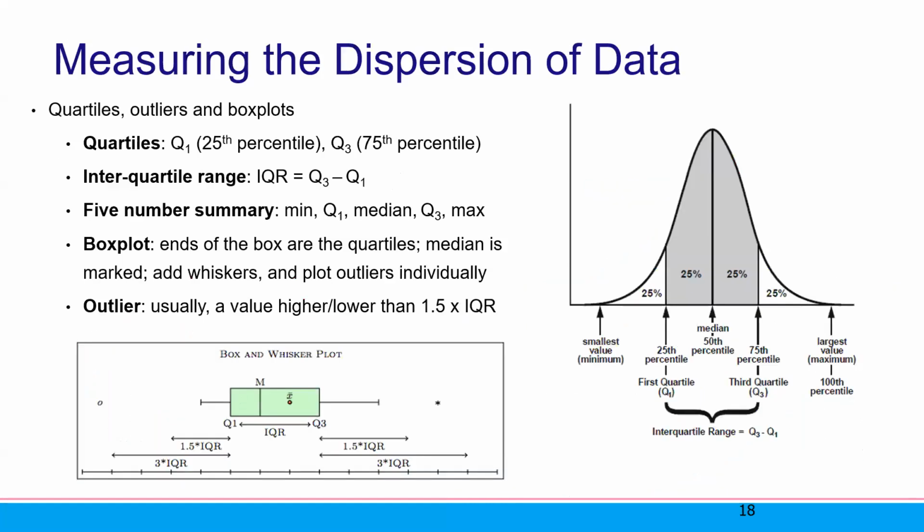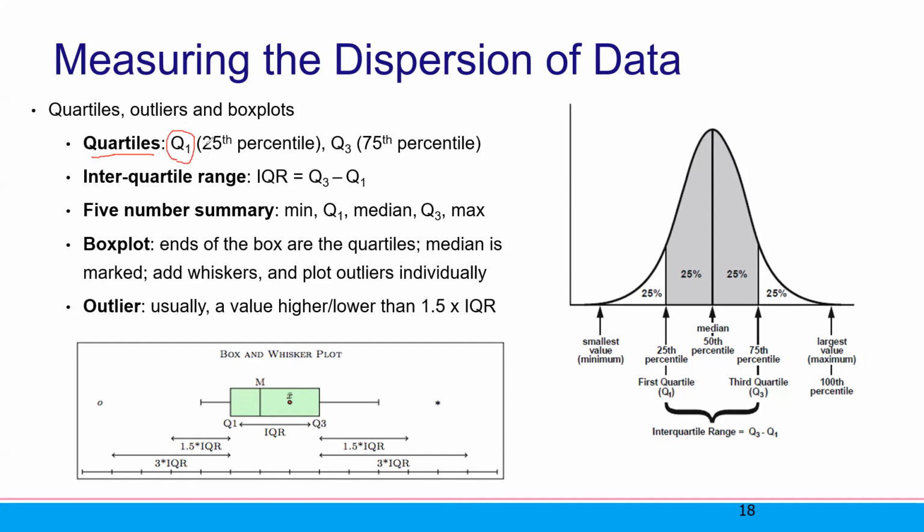When you measure the dispersion of the data, we can include something like the box plot. We also call it the box and whisker plot. In the box plot, there are some statistical words that you need to understand. The first is quartiles. So in the quartiles, we have Q1, Q2, Q3, and so on.